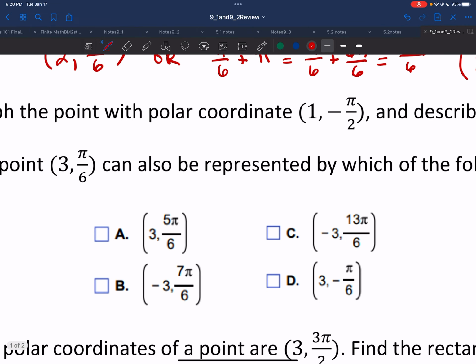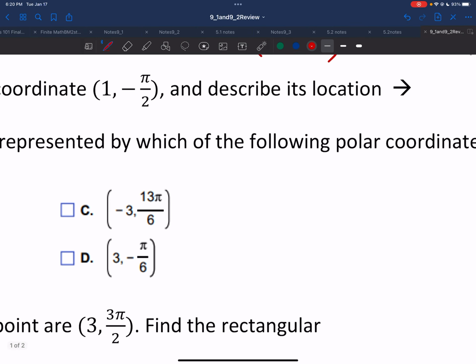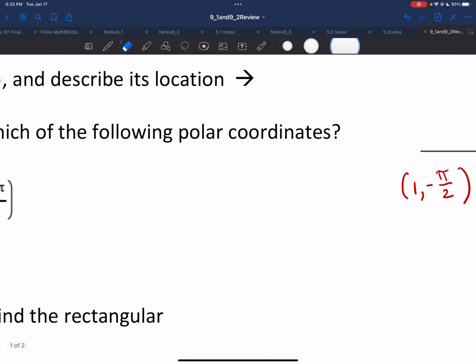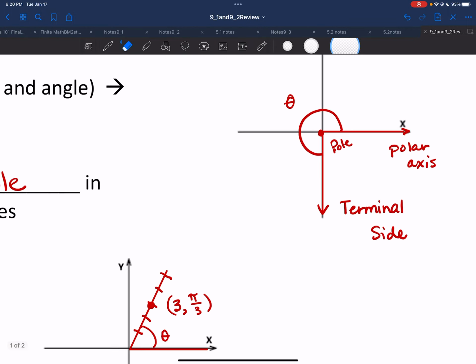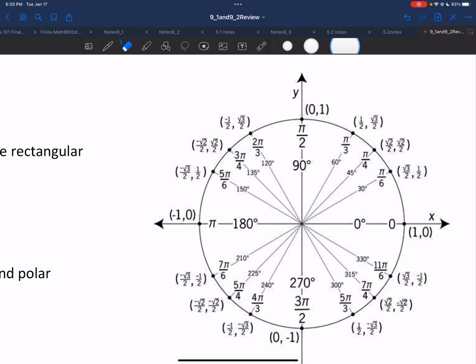The next one, the point (3, π/6) can also be represented by which of the following polar coordinates? Okay, I'm going to look at the positive ones first. So that's going to be A and D. Okay, so 5π/6 and -π/6. Let me look at my unit circle. So π/6 is right here.